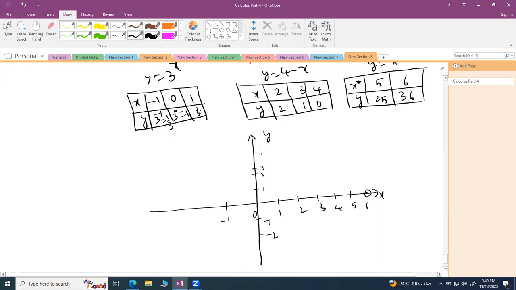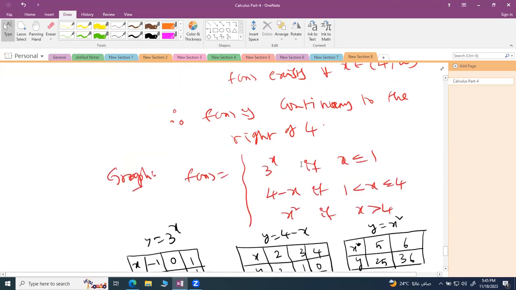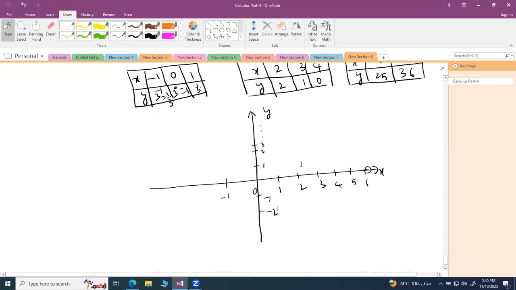If x value less than or equal to 1, so for 3 power x, if x value equal to 1, y value is 3, and the value is there, we have to make it full dark. 0 means 1, 1 value means 3.